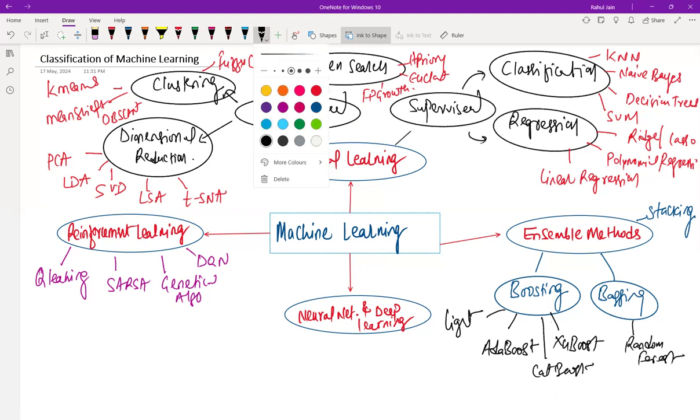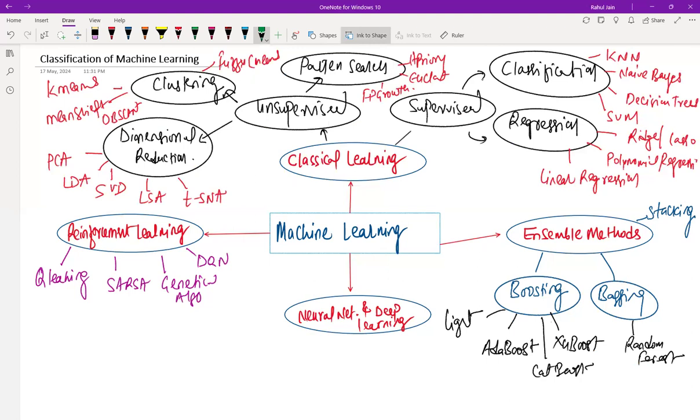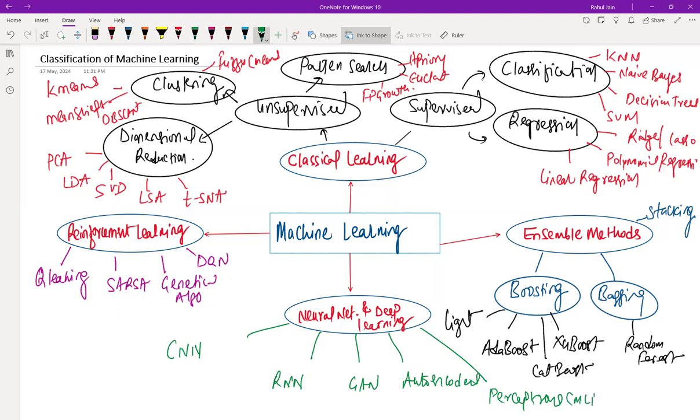Thereafter, under neural networks, we can put algorithms like the convolutional neural network, CNN, the recurrent neural network, RNN, GAN, that is generative adversarial networks, autoencoders, or perceptrons, that is MLP.